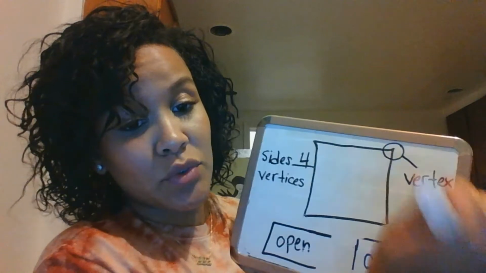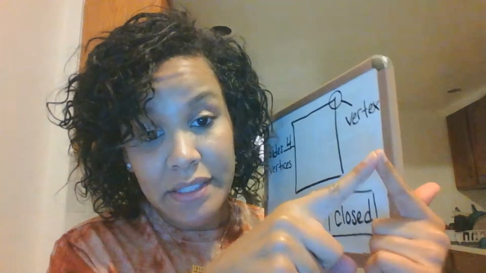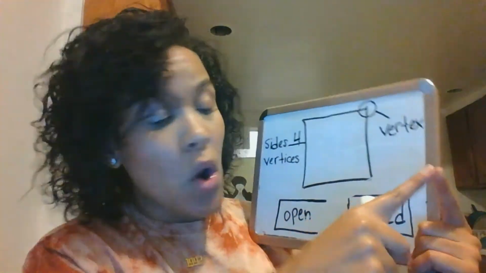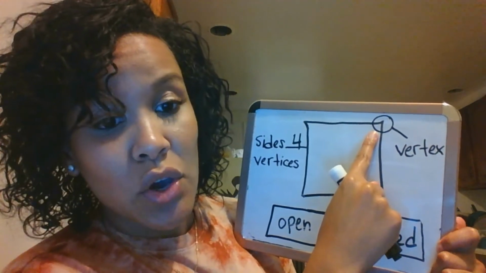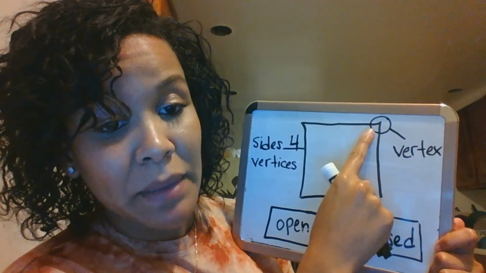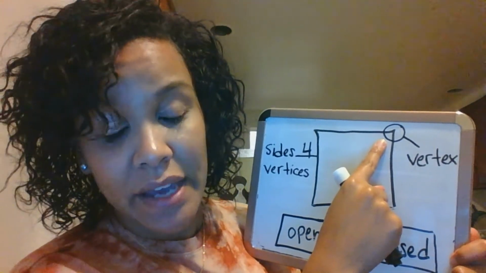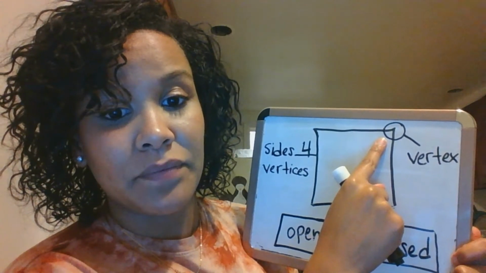Now, when we look at two-dimensional shapes, any time two ends meet and make a point, like these, we call that a vertex. Anytime two ends meet and make a point, we call it a vertex. Now, when there is more than one vertex, we say vertices. Repeat after me and say vertices.